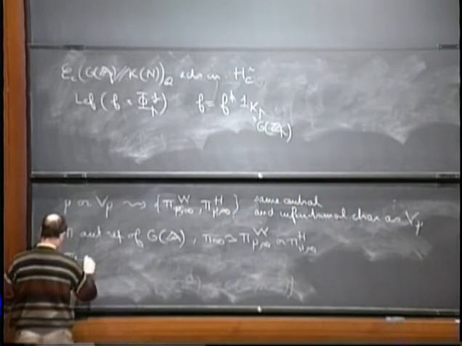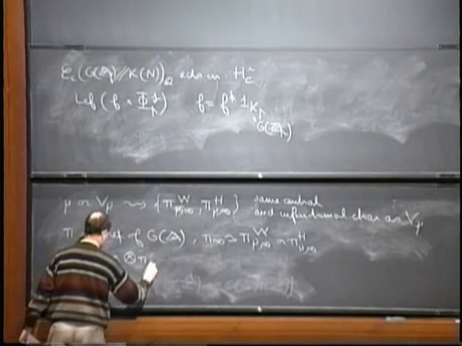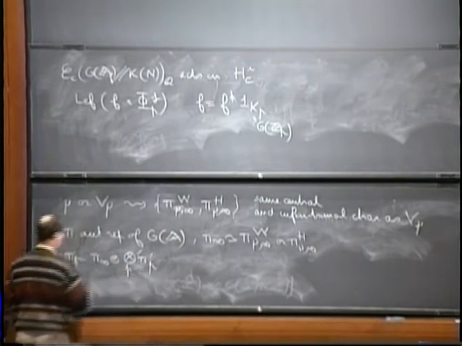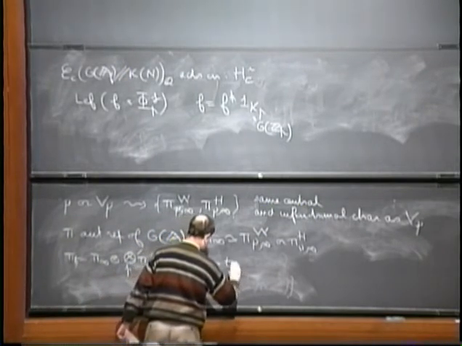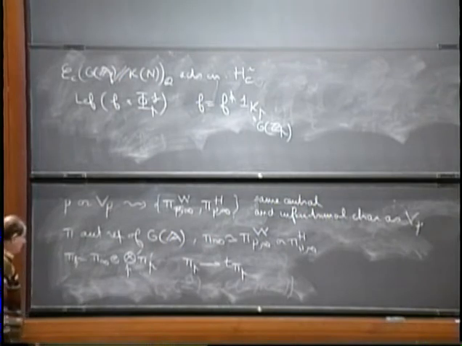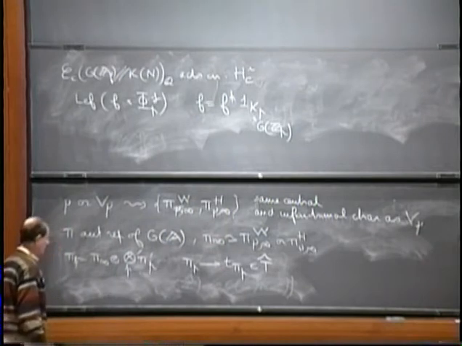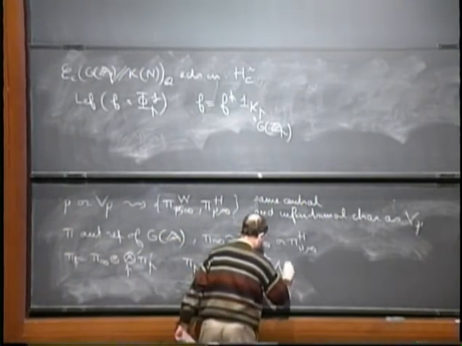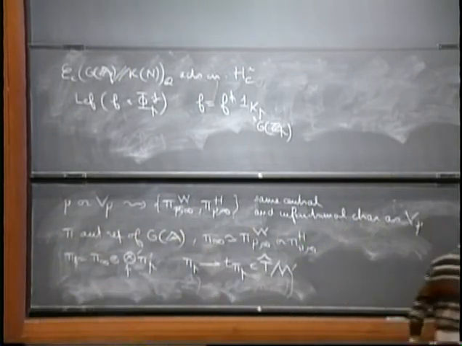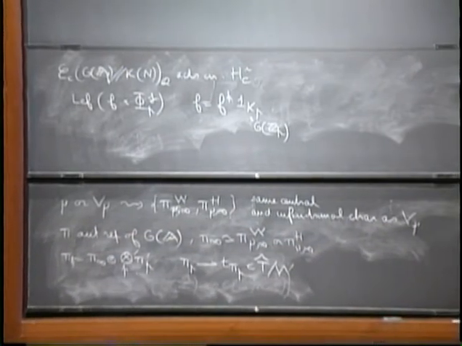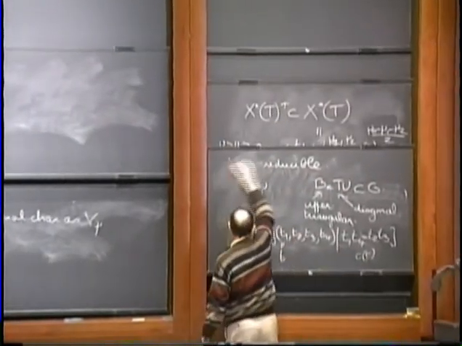So pi is a restricted tensor product of local representations, and pi p has a so-called Frobenius-Hecke parameter, which sits in the dual torus, divided by W. I need to explain what is T hat. First of all, we have the Langlands dual of our group.